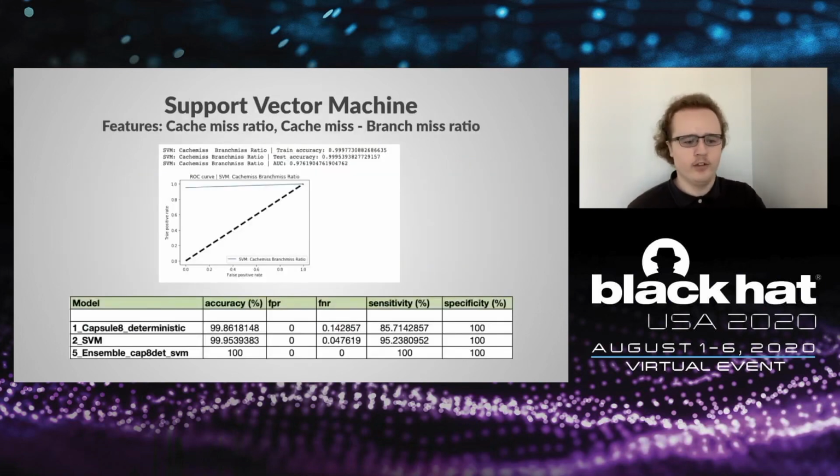Specifically, if we look at the accuracy, if we combine the SVM model and a deterministic model, which is just cache miss ratio and branch miss ratio below a certain threshold, we can see that we get 100% accuracy and a 0 false negative rate. So we have effectively a perfect detector here for all the proof of concepts that we've tried.